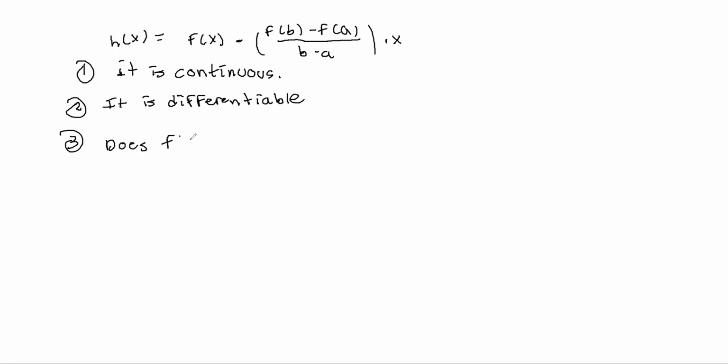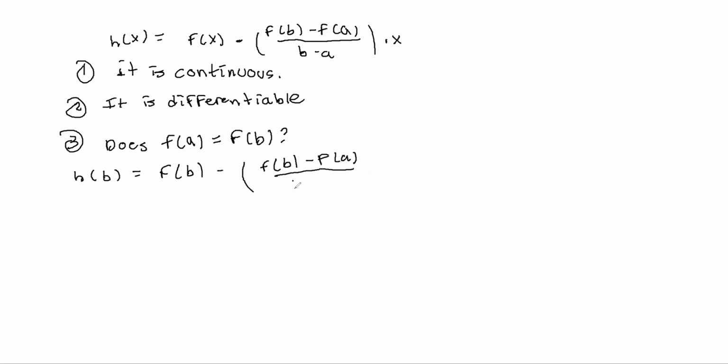So 3, does f of a equal f of b? Well, we need to validate that before we can assume Rolle's theorem. So let's check. So that's going to be a little bit of algebra to validate that, but it can be done. So let's consider h of b. So h of b is equal to f of b minus f of b minus f of a over b minus a times b.